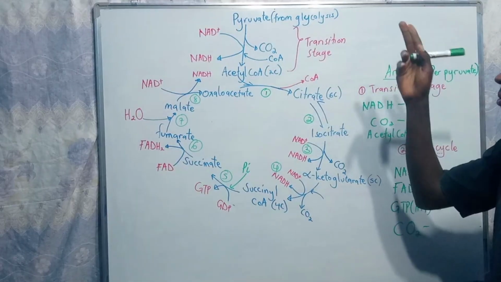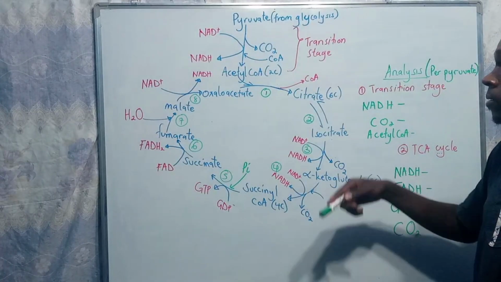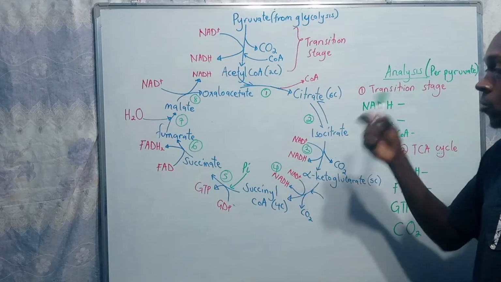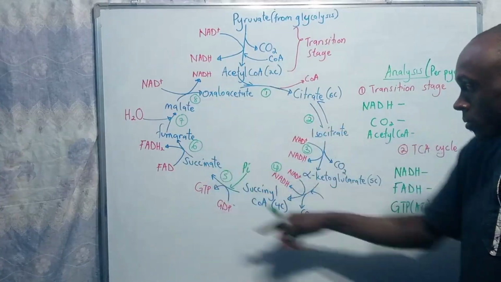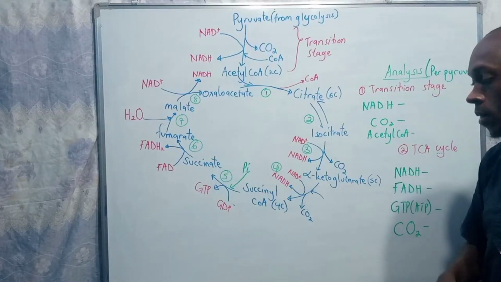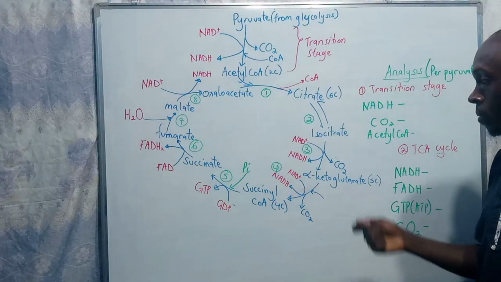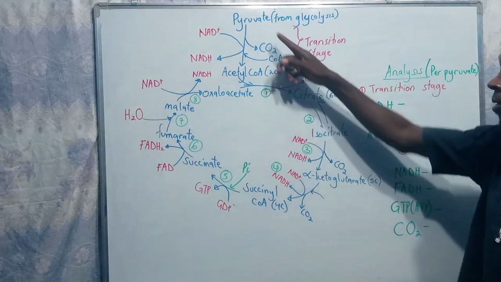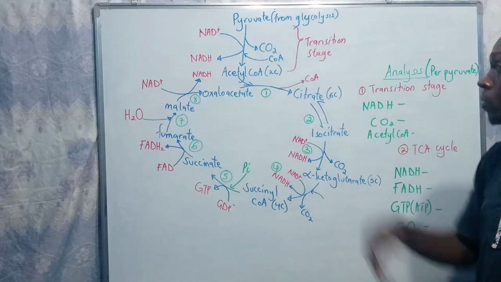Normally, we form 2 pyruvate molecules, and it implies that the 2 pyruvate molecules are going to form 2 cycles. So for the single cycle we are seeing here, for us to come up with the real quantity of whatever is being formed or used, we must multiply by 2, because the pyruvate molecules from glycolysis are always 2.